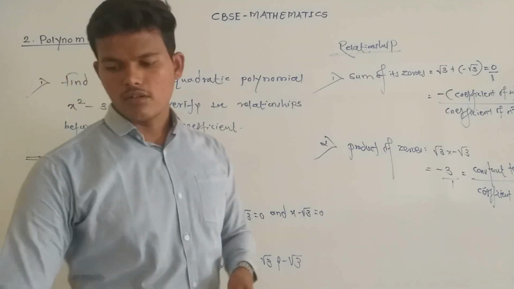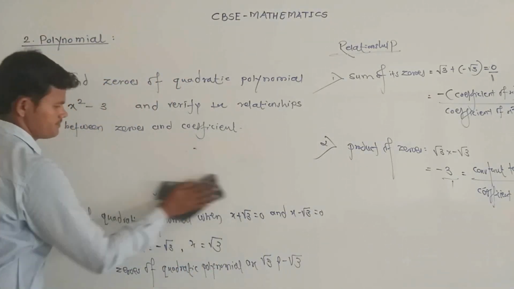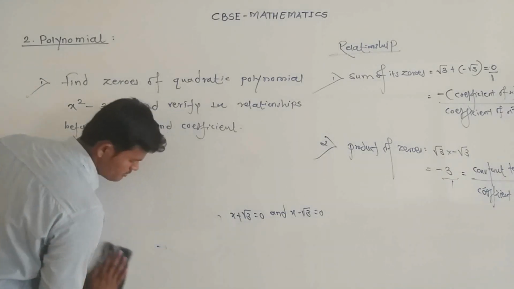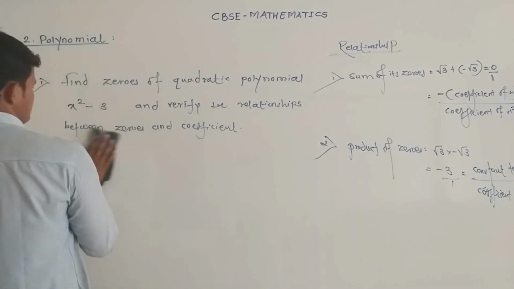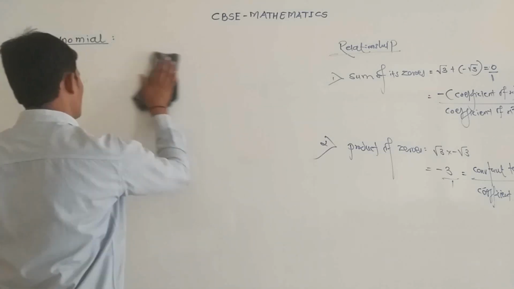Let's take another example which is different from first two examples. Now in the next example we are going to find a polynomial from sum of zeros and product of zeros.